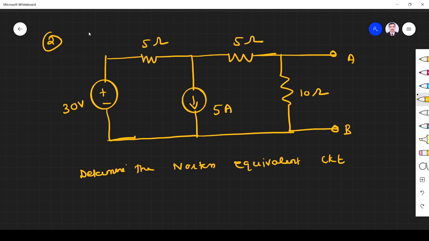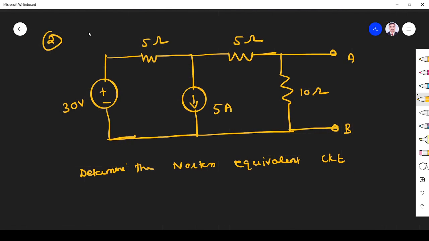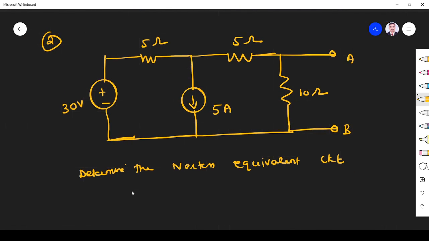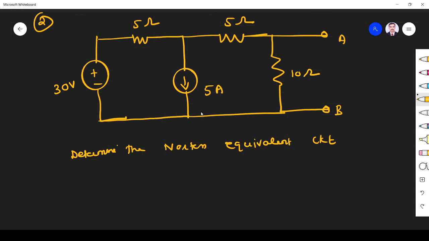Okay. The next problem is determine the Norton equivalent circuit. So how are we going to find it? Follow the same procedure. First we have to find R Norton. For that we remove the sources. We have two independent sources that must be removed first. The voltage source must be shorted, and the current source must be opened.